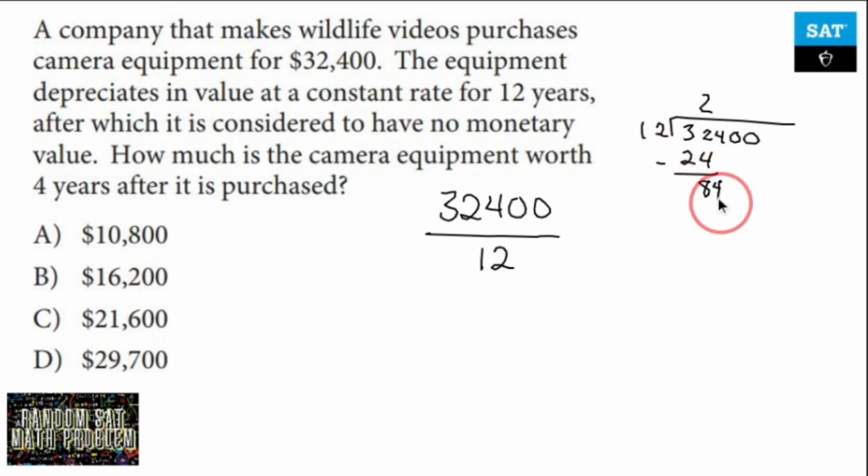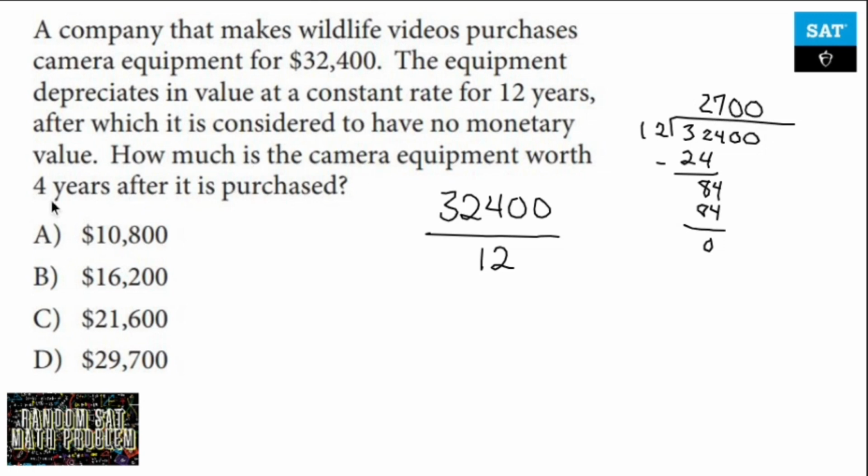Drop down the 4. 12 goes into 84 seven times. 7 times 12 is 84. Did it right. Then drop down the 0s. So the camera equipment depreciates by $2,700 each year.